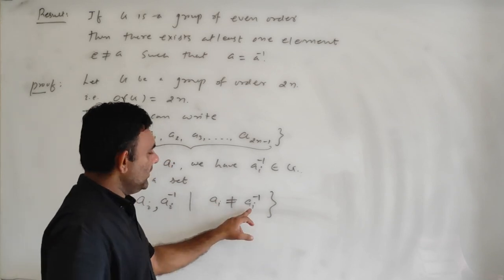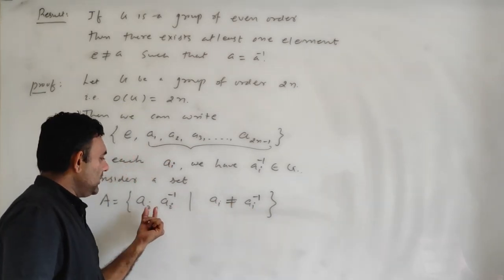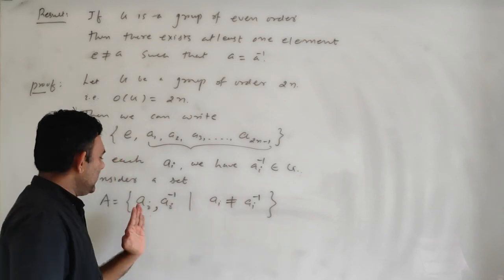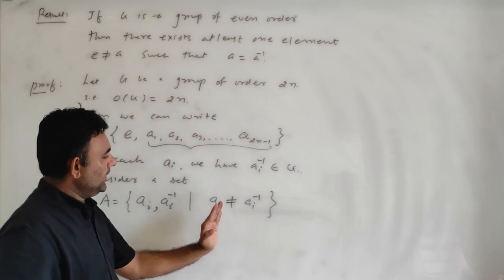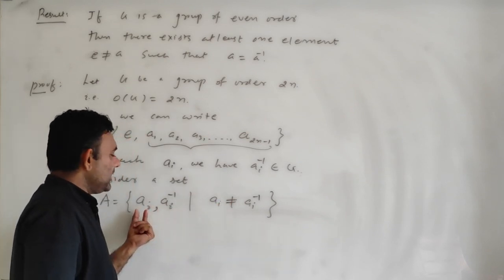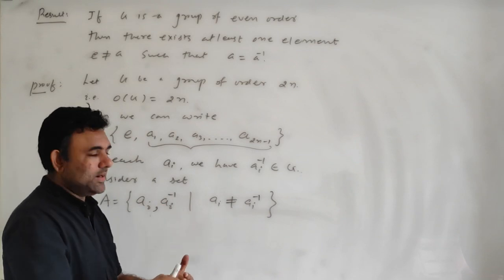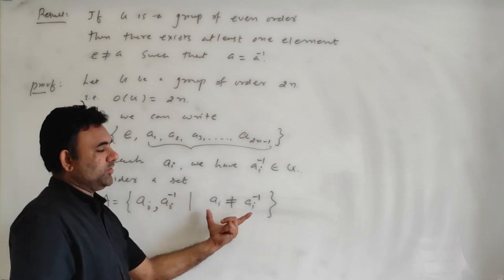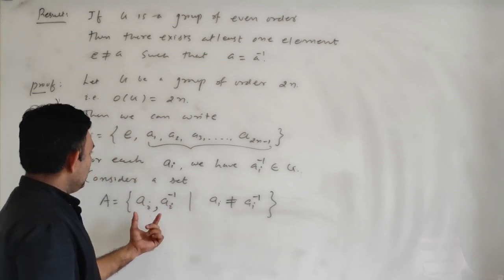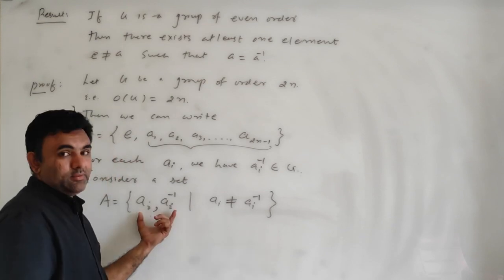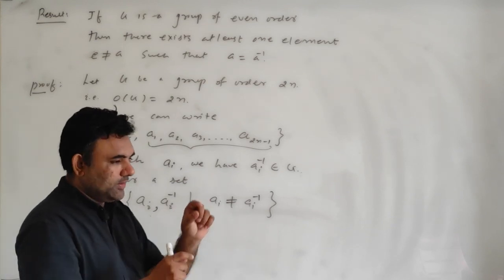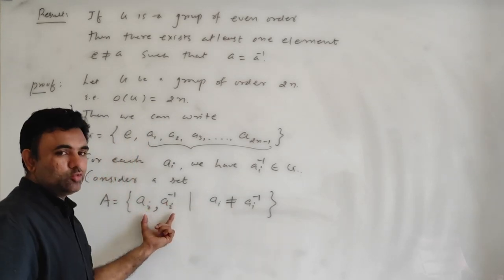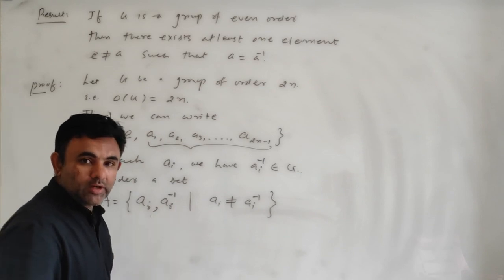Suppose A1 and A1 inverse are different, then you write here A1 and A1 inverse. If A2 and A2 inverse are different, then you write A2 and A2 inverse. If A3 and A3 inverse are equal, then you will not write A3 and A3 inverse. Like that, you are collecting those elements and their inverses which are different. So corresponding to every such element you have one pair. Once you have an element whose inverse is different from it, you list two elements.